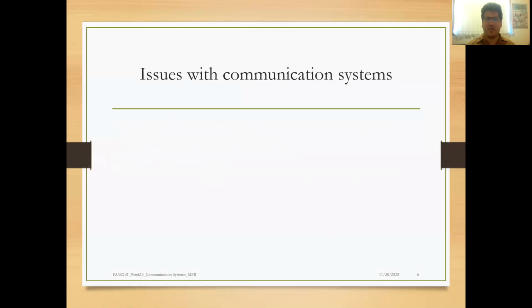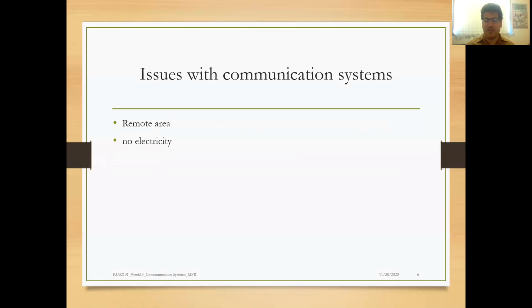Okay, let's think about some issues with communication systems. One problem could be if you live in a remote area. You might not be able to get mobile phone signals, or you might not have connection to broadband internet, to the cables, or other communications.